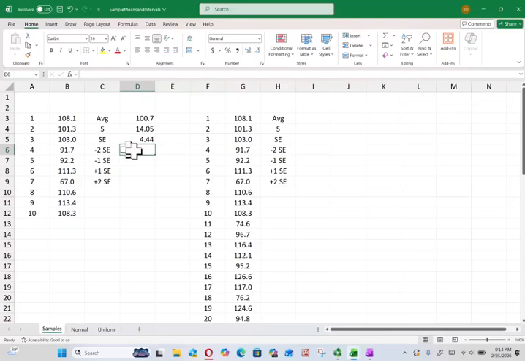Right, then for these values, get the average and subtract 2 standard errors, then 1 standard error, add 1 standard error, and add 2 standard errors. Equals the average minus 2 times that standard error of the mean. Then the average minus 1 standard error.